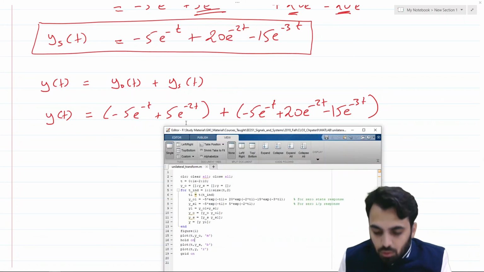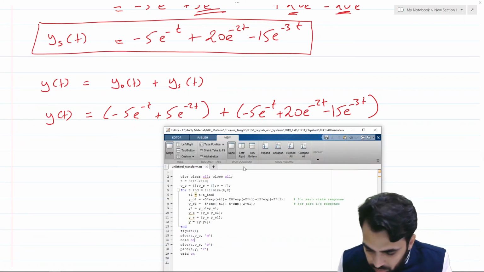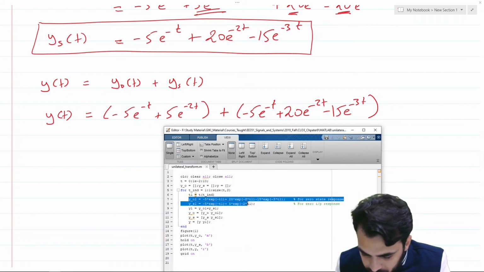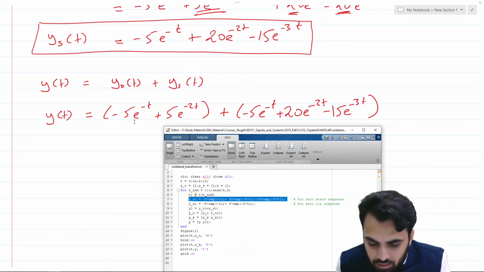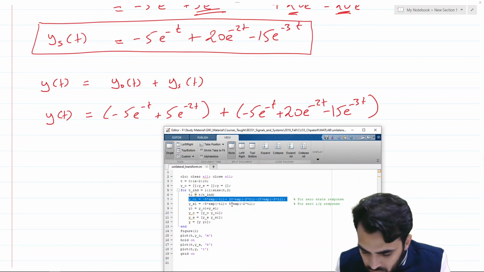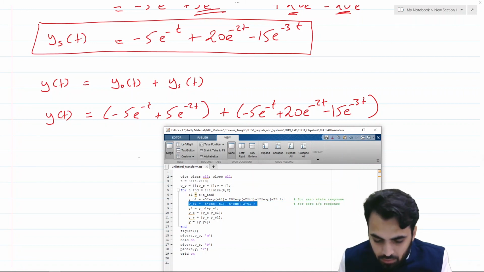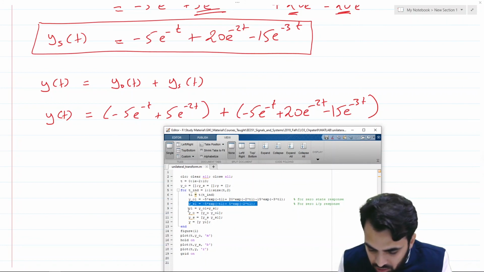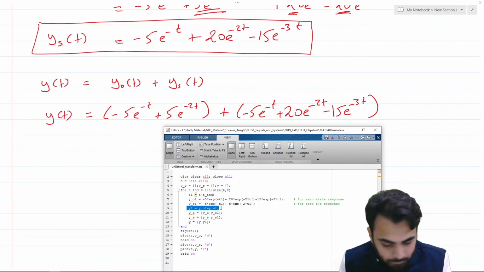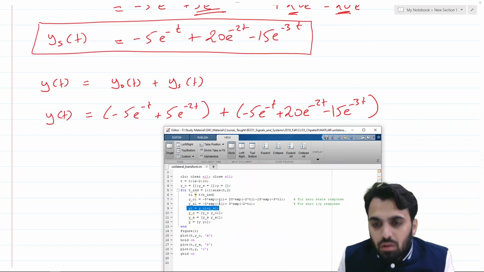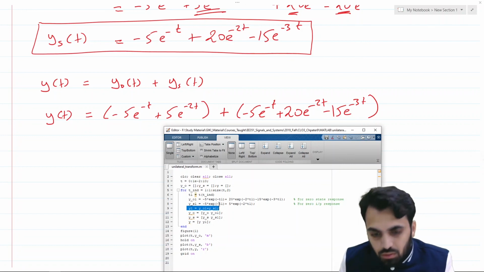In this Matlab code, I have written the zero state response, which is over here, and the zero input response, which is over here. Finally, the total response is the addition of these two. Note that this code is also available in the description of this video.